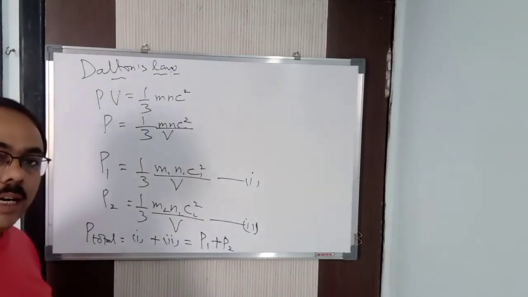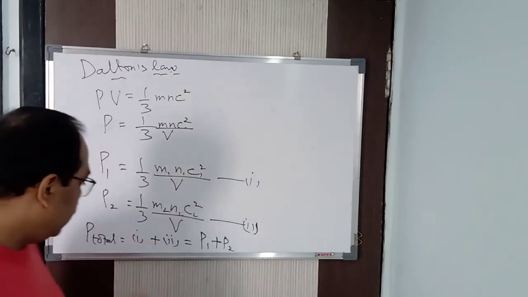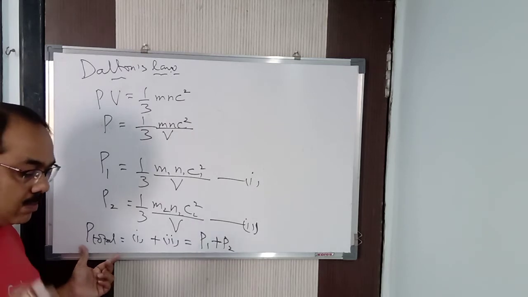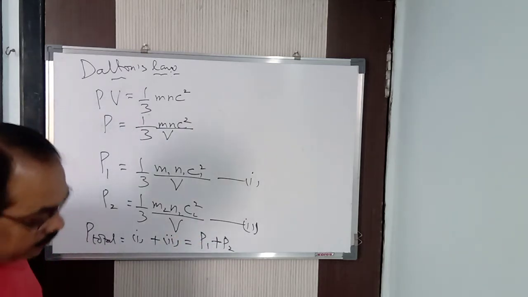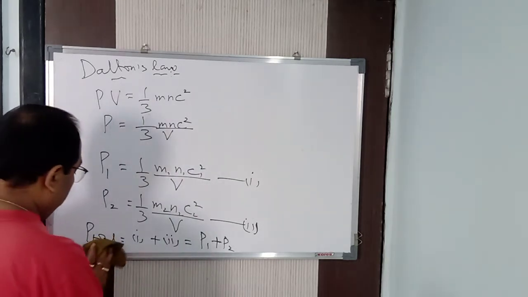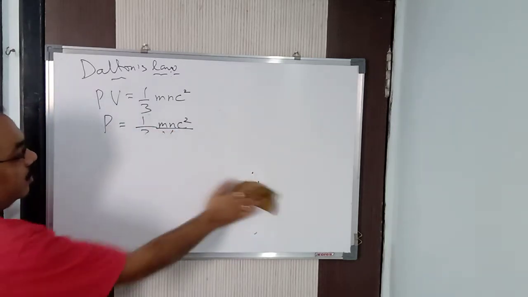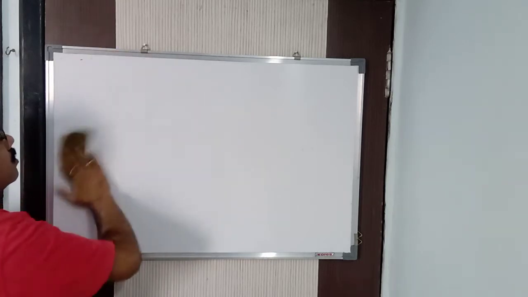That is only Dalton's law of partial pressure, which says that the total pressure exerted by the gases in the container is equal to the sum of the individual partial pressures taken together. Finished? In this way we have explained Dalton's law of partial pressure on the basis of the kinetic molecular theory of gases.